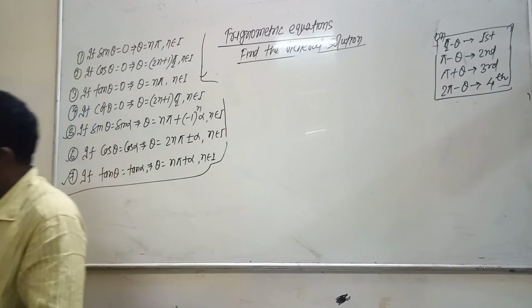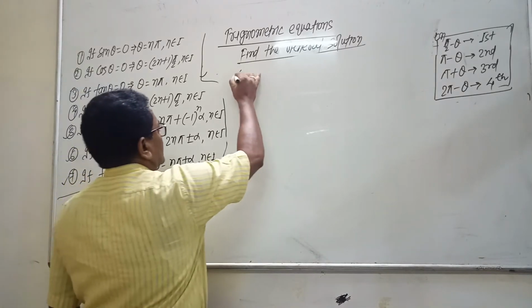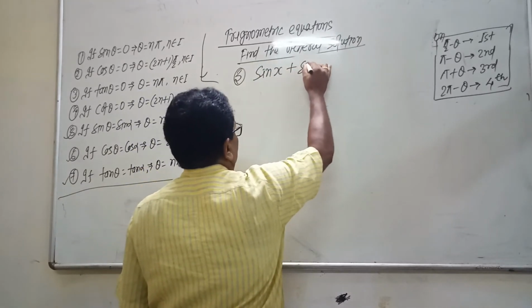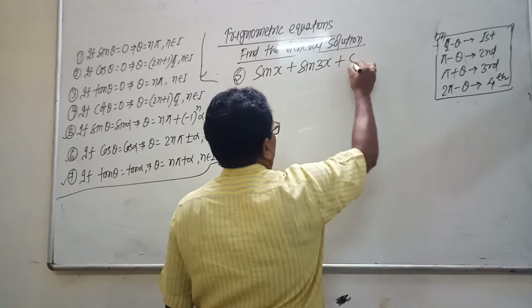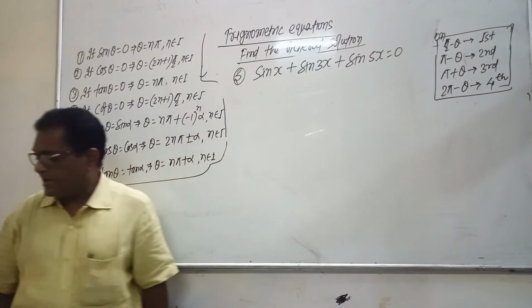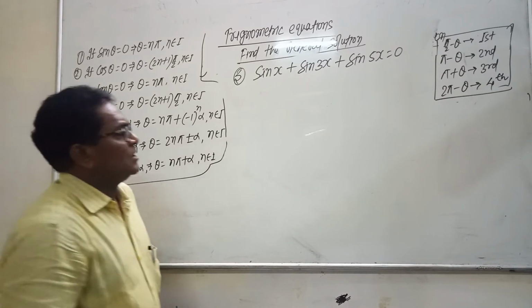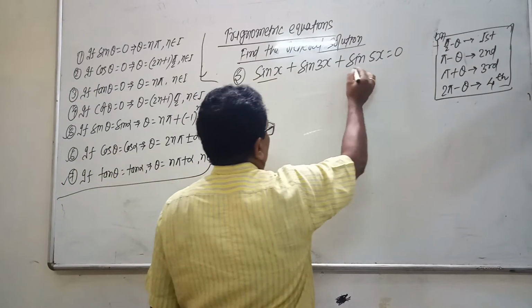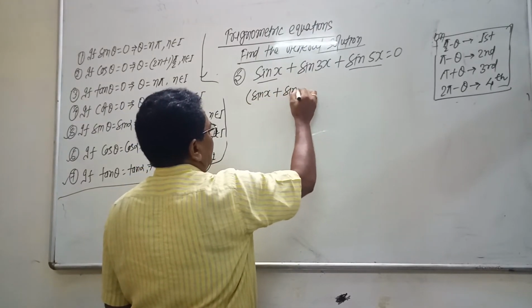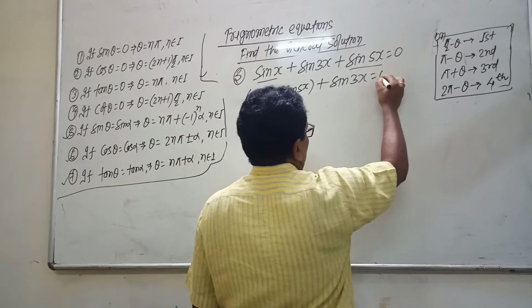sin x plus sin 3x plus sin 5x equals 0. So we will take these two terms together: sin x plus sin 5x, and plus sin 3x equals 0.